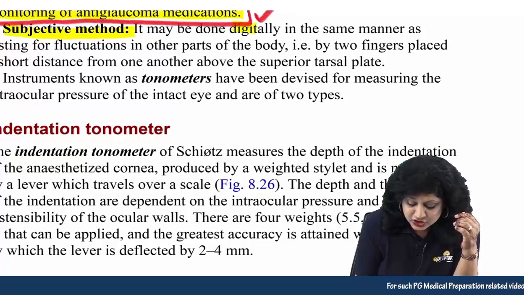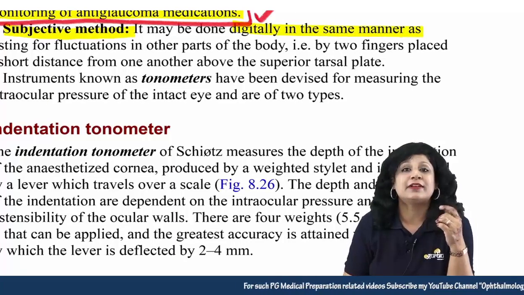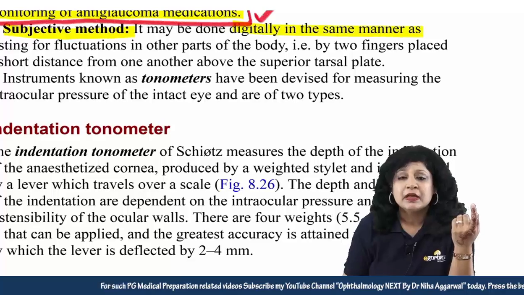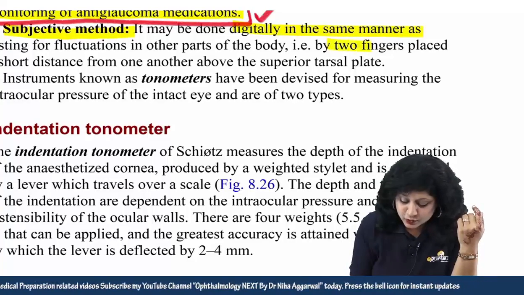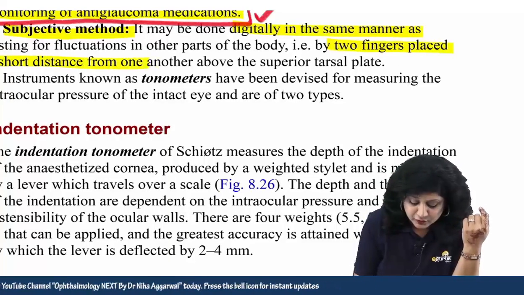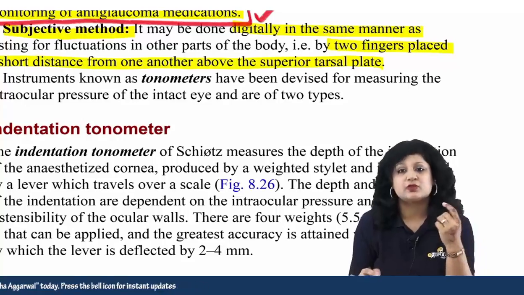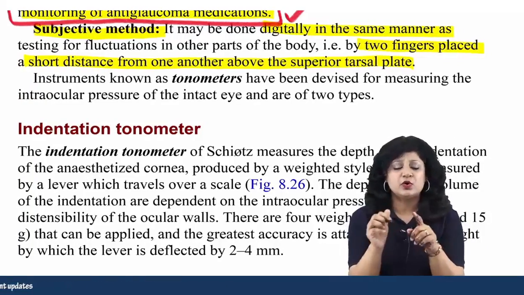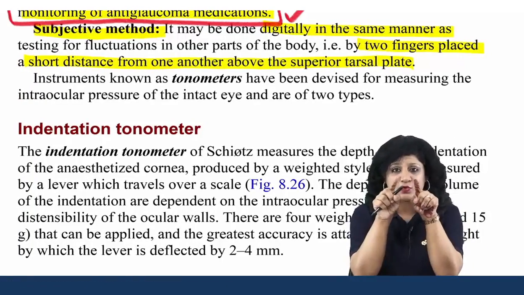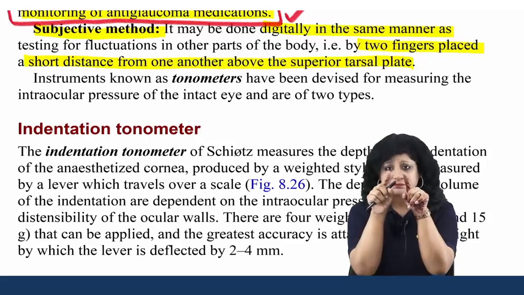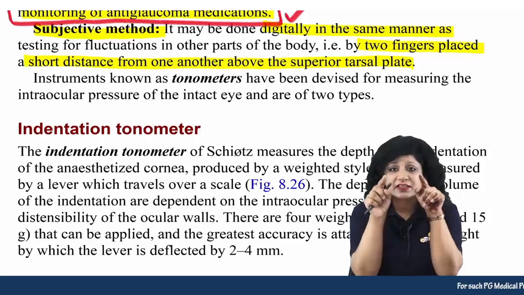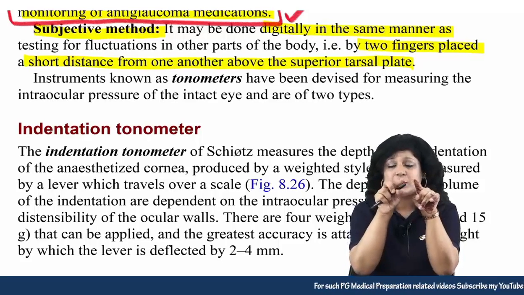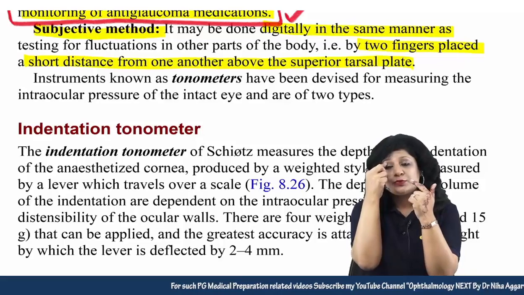Now first we start with the subjective method. It may be done digitally in the same manner as testing the fluctuations in the other part of the body, and we can do it by two fingers placed a short distance from one another above the superior tarsal plate. I'll be showing you in the video also. We do it with the help of two fingers, usually the index finger. We ask the patient to look downwards, and we are doing it digitally over the superior tarsal plate.